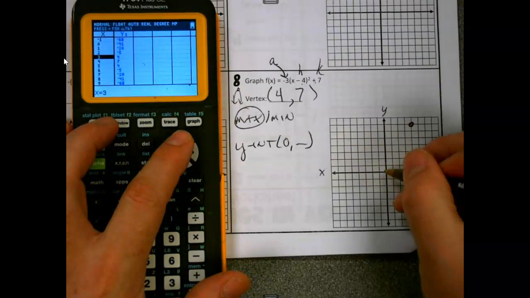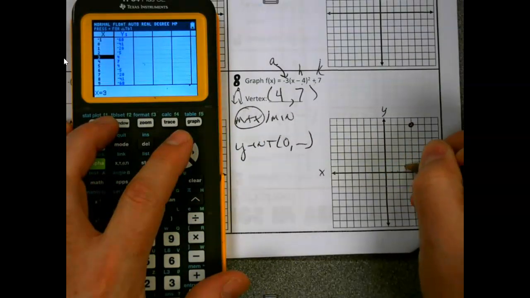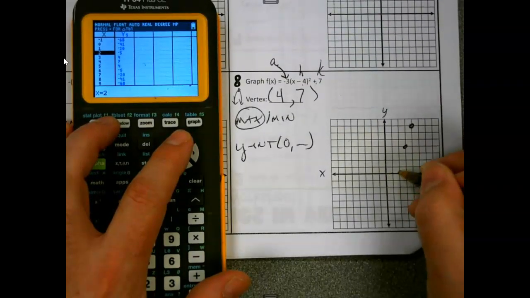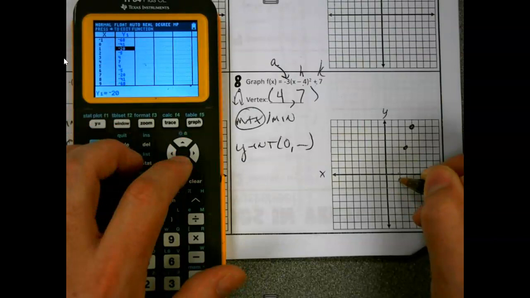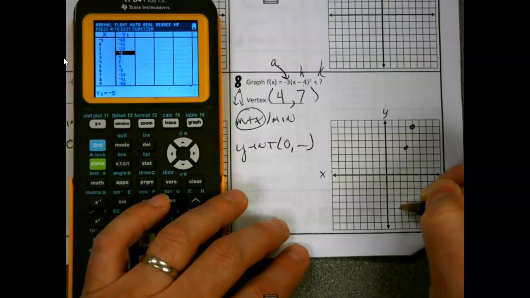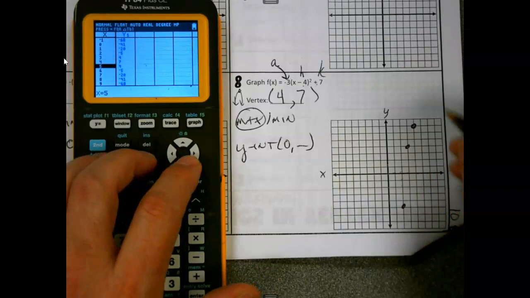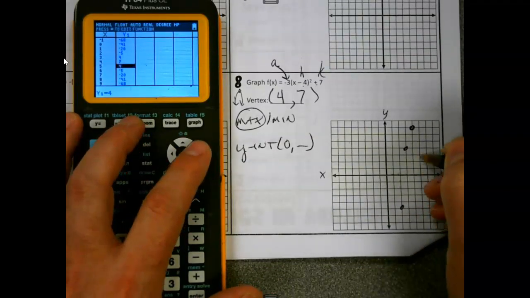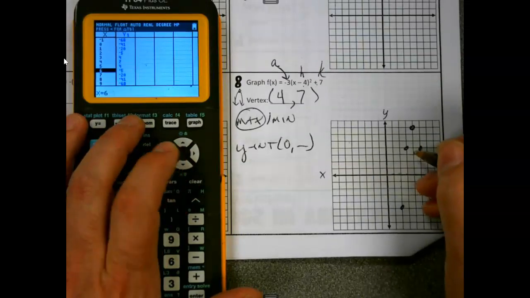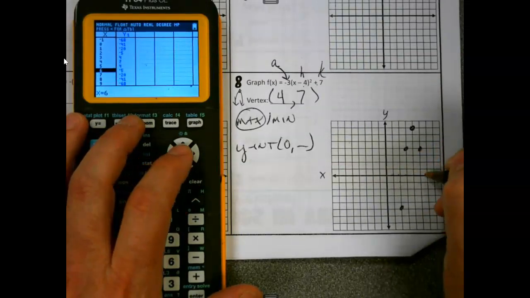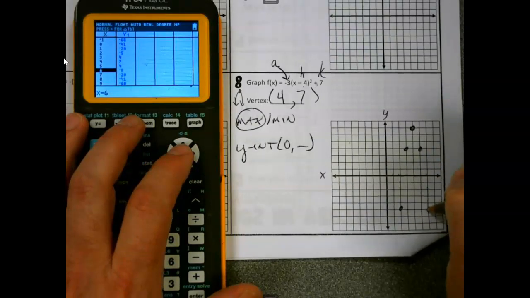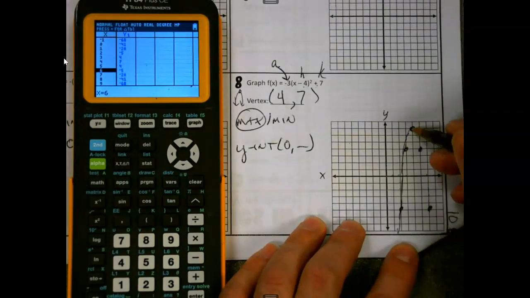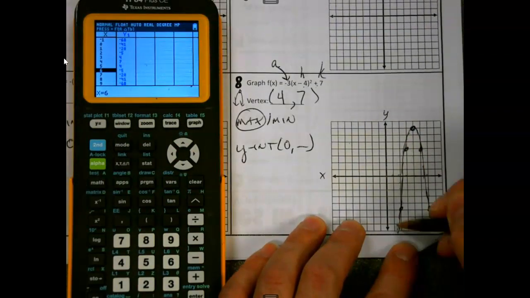Okay. 3. 1, 2, 3. 1, 2, 3, 4. And oofta, 2. Negative 5. 1, 2, 3, 4, 5. 1, 2, 3, 4, 5 positive. 1, 2, 3, 4. And 1, 2, 3, 4, 5, 6. 1, 2, 3. That is long and stretchy.